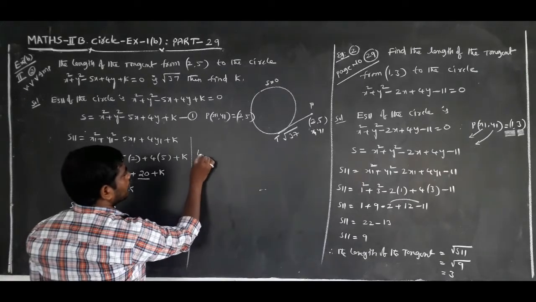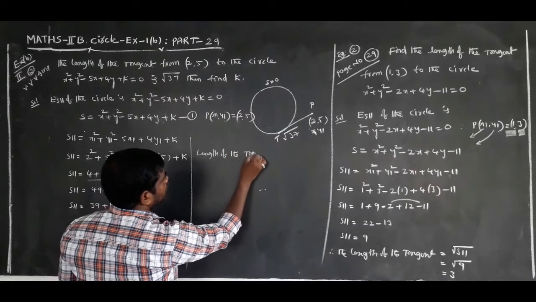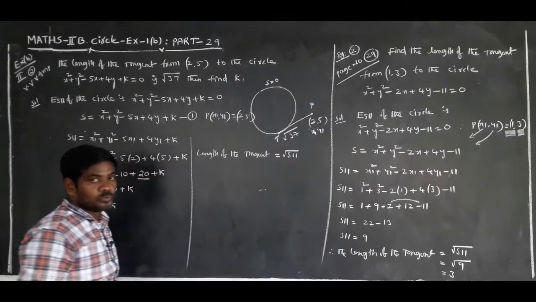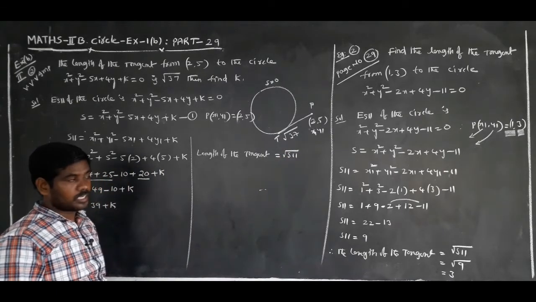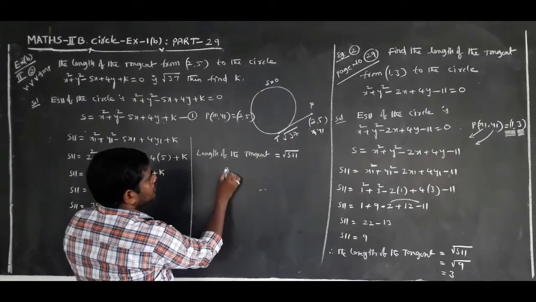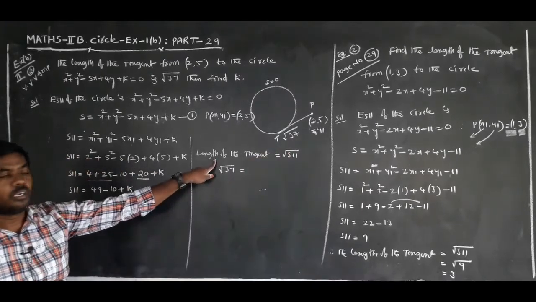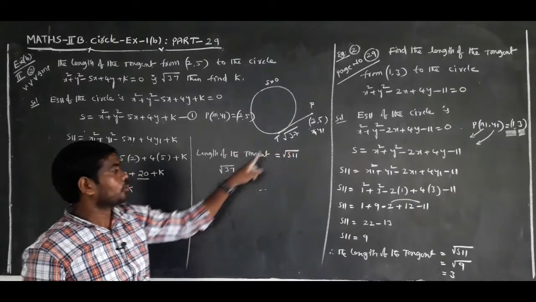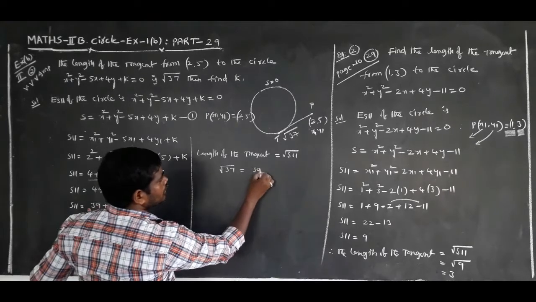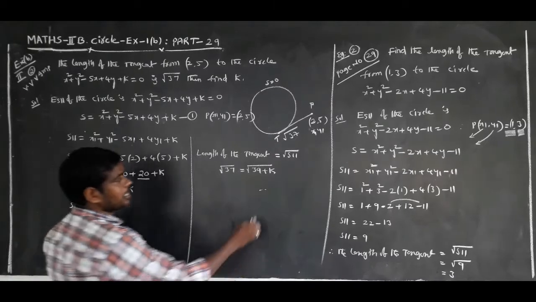S11 is equal to 39 plus k. Length of the tangent is equal to root S11. Already given that the length of the tangent is equal to root 37, which is equal to root S11, which is root of 39 plus k.